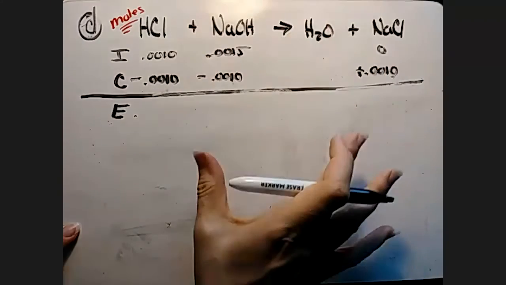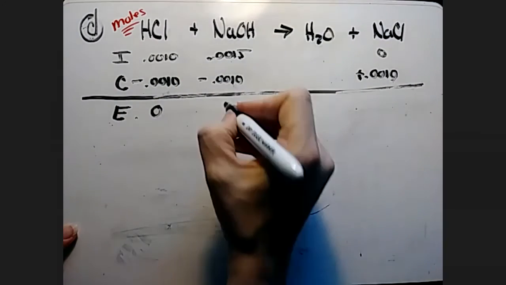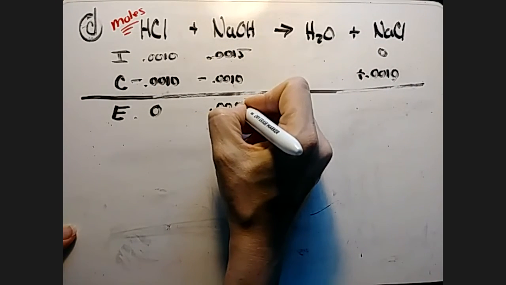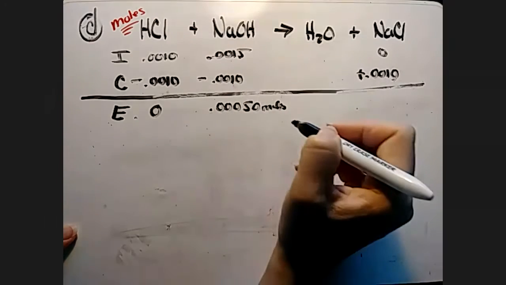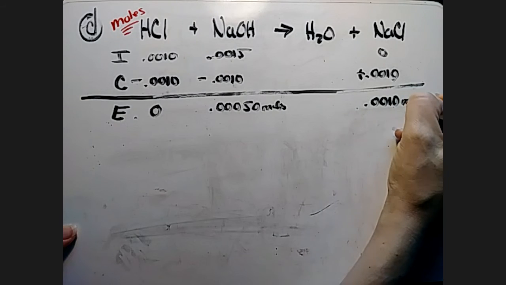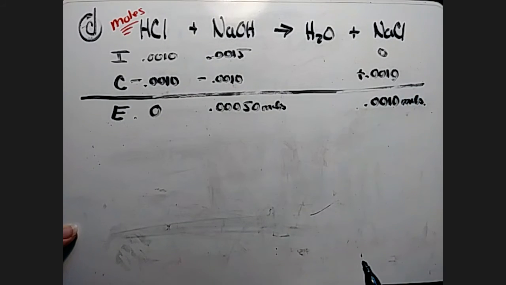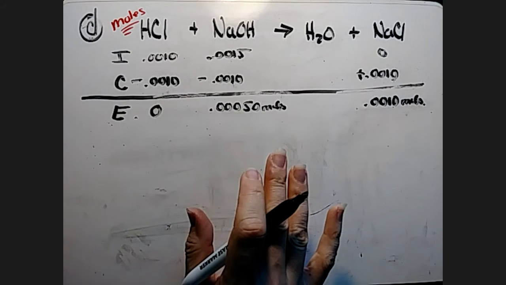So after the reaction is finished, I'll have no more HCl. I'll have 0.00050 moles of NaOH and 0.0010 moles of my NaCl. So again, how am I going to calculate the pH of this solution?